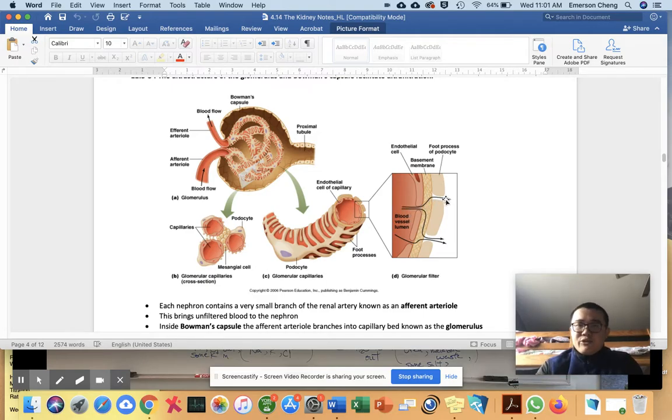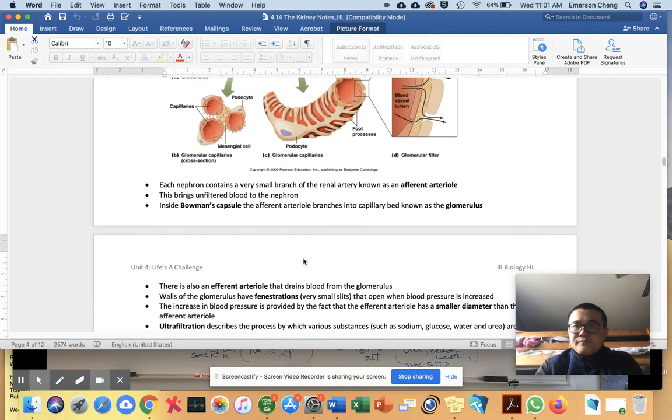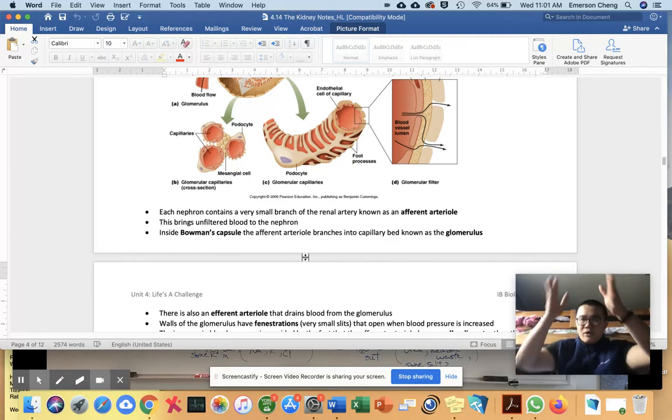And we talk about fenestration. Before the break, I mentioned the castles in Europe, whose walls have very narrow slits which allow people to shoot arrows through. Those are fenestrations.